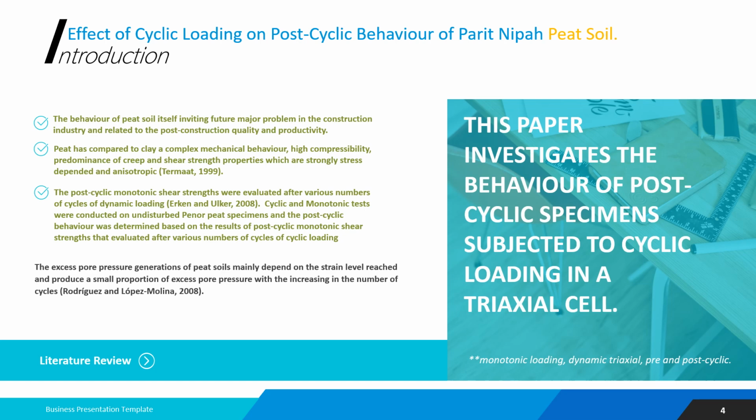The samples after dissipation of cyclic pore pressure exhibited a normally consolidated behavior. All the samples subjected to cyclic loadings exhibited a lower undrained shear strength during post-cyclic monotonic shearing when compared to the samples without prior cyclic loading history.